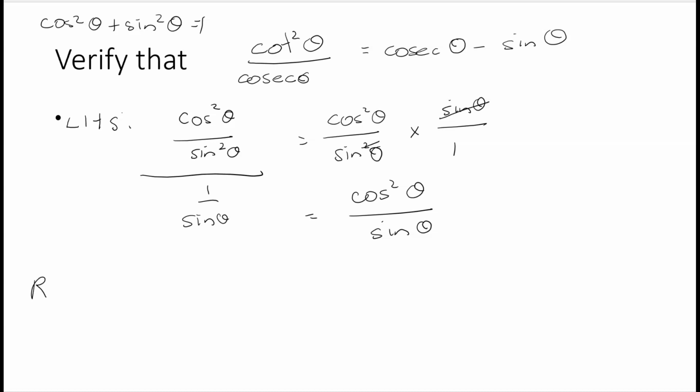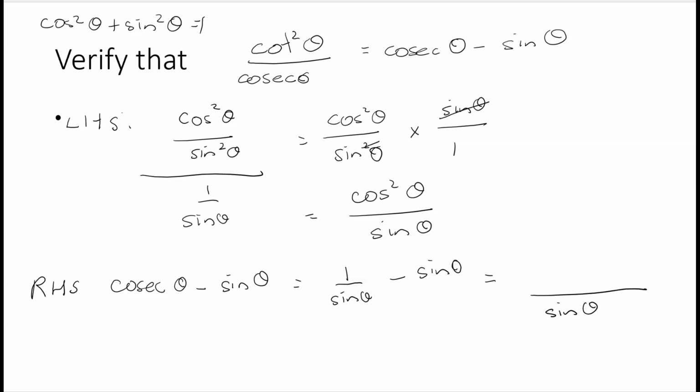So let's have a look at the right-hand side. We've got cosec theta minus sine theta, which is, okay, cosec is 1 over sine theta, and then minus sine theta. To go any further, we're going to have to put them over a common denominator.